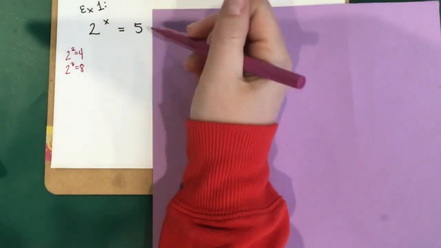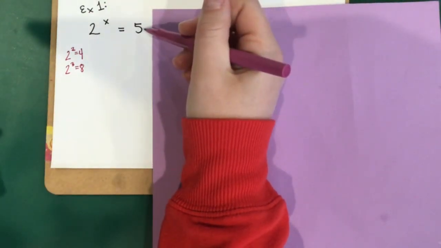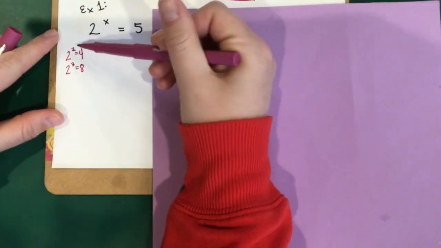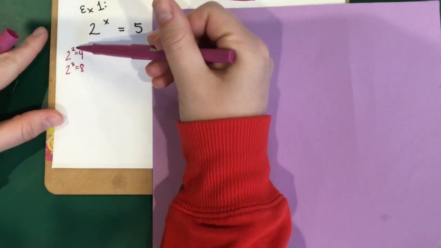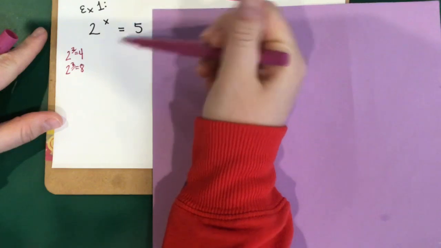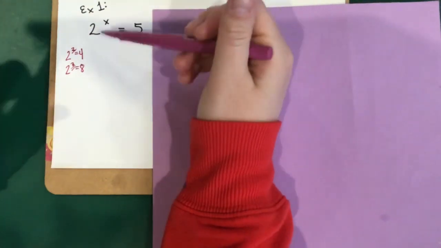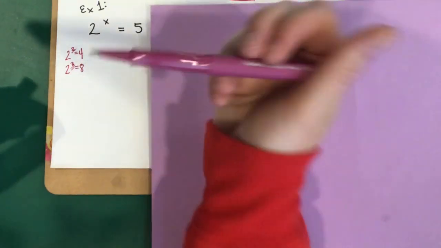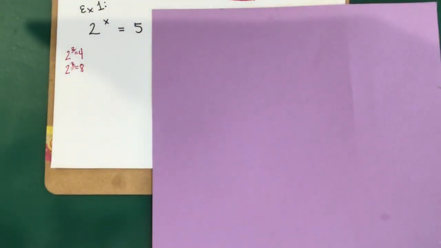So that's not going to be a helpful technique. But what this does tell us is that our answer is going to be somewhere between 2 and 3. And because 5 is closer to 4, we know it's going to be closer to 2 than it's going to be to 3. So that allows us to do some helpful approximations.